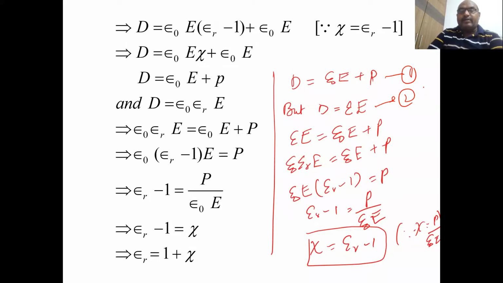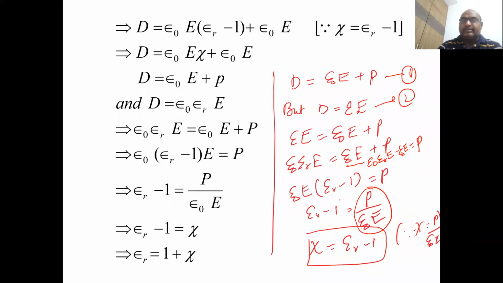Equating, epsilon E is equal to epsilon naught E plus P. Epsilon is epsilon naught into epsilon r, so epsilon naught epsilon r E is equal to epsilon naught E plus P. With a small modification, epsilon naught epsilon r E minus epsilon naught E is equal to P. Epsilon naught into E is common, so epsilon naught E into epsilon r minus 1 is equal to P. Then epsilon r minus 1 is equal to P by epsilon naught into E. The value of P by epsilon naught into E is the susceptibility.